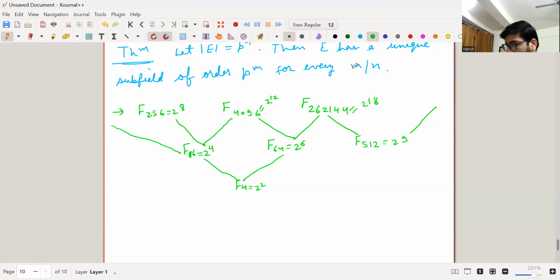And if you consider F8, that is 2 cubed, then this will be contained in 2 raised to 6, that is this, and then F2, that is 2 raised to 1, will be contained in this, and this will be contained in this.